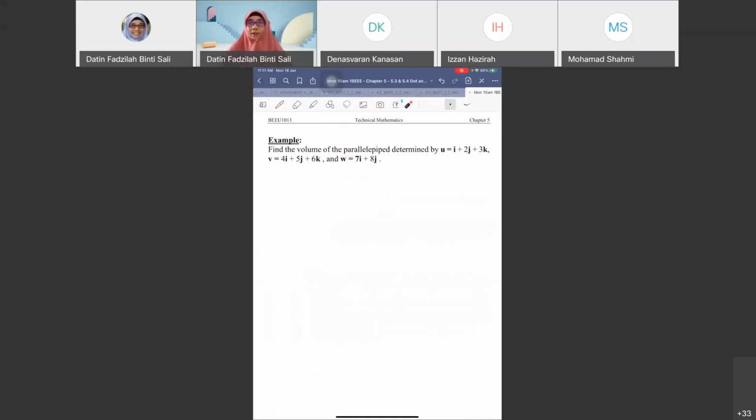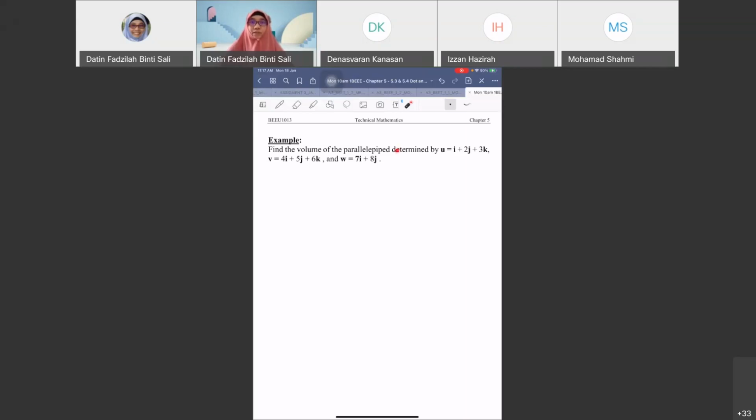So if it's a two-dimensional parallelogram, we find area. Area is only for two-dimensional space. But when it comes to three-dimensional space, we can find volume. So when we say find volume, it has to be the volume of a parallelepiped. It doesn't make sense if you come across find volume of a parallelogram. It doesn't make sense in mathematics, because parallelogram refers to two-dimensional.